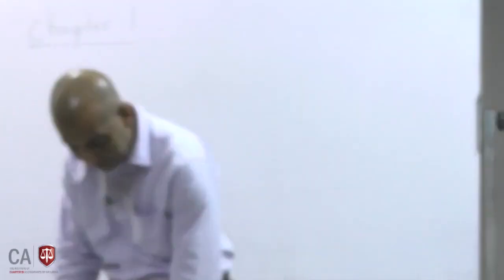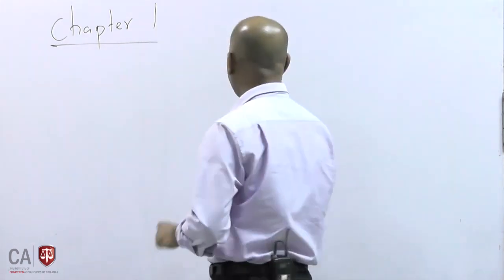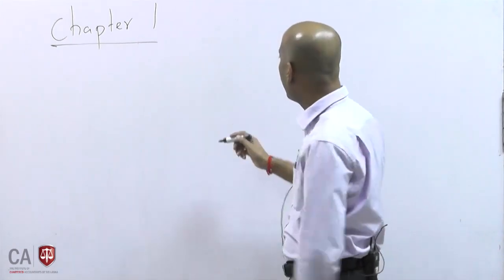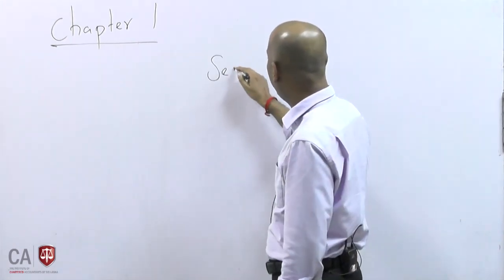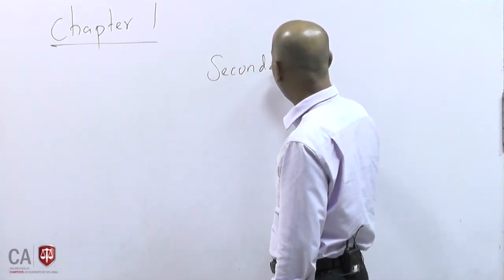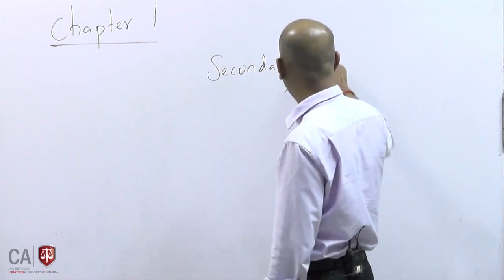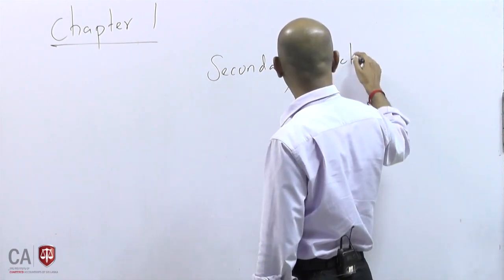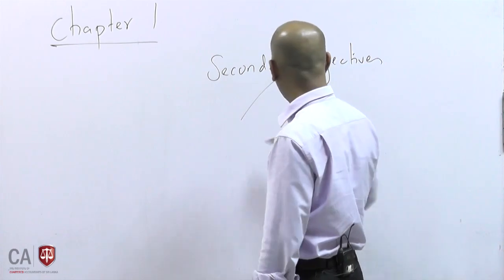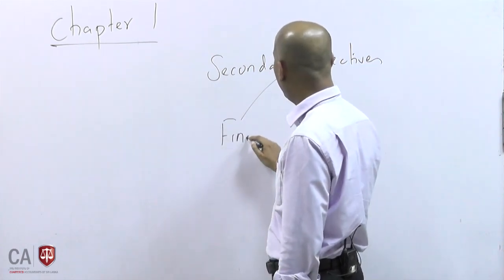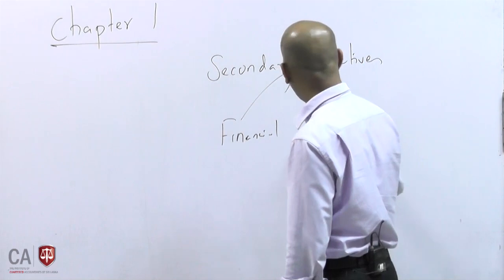Then moving on, when you say secondary objectives, I mentioned at the beginning that the primary objective is wealth maximization, then you have secondary objectives. Under secondary objectives, you can look at financial and non-financial.